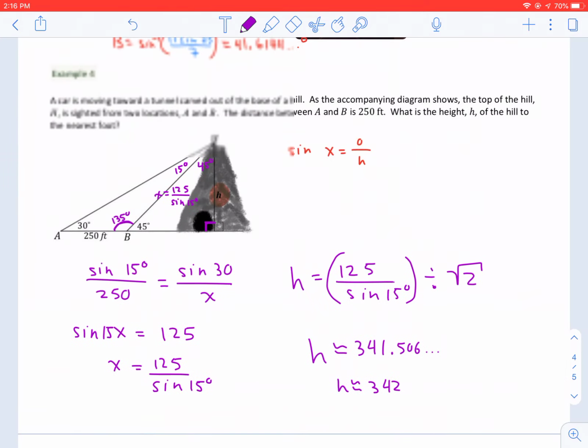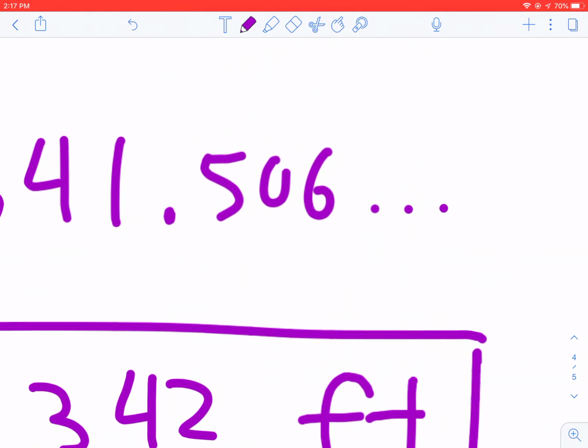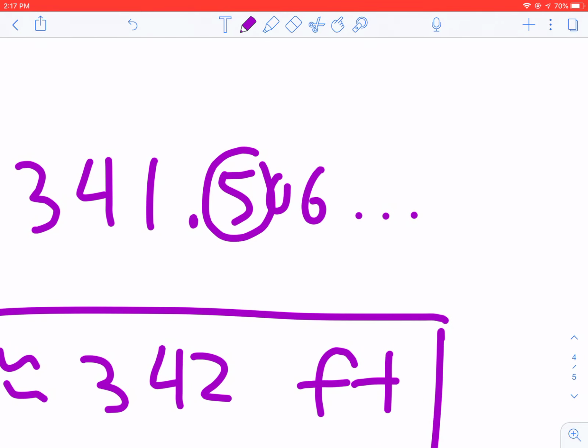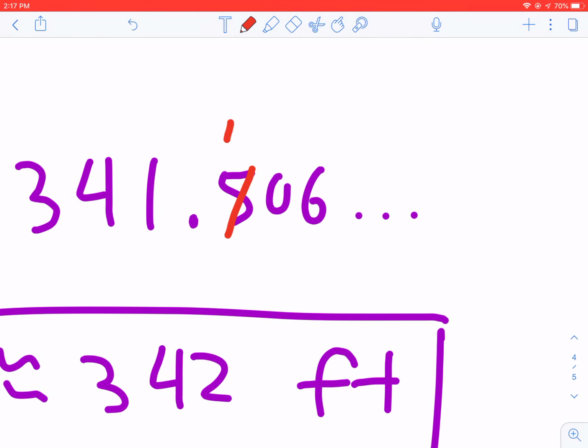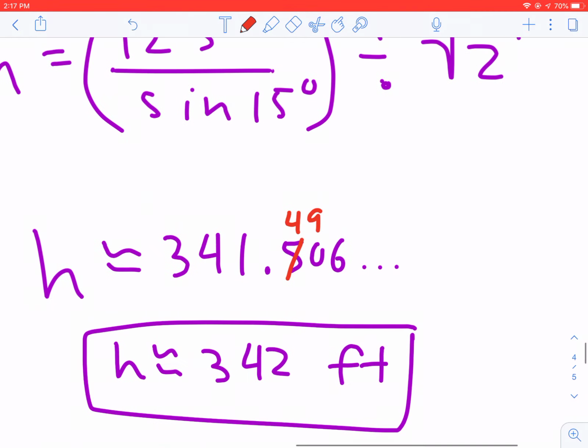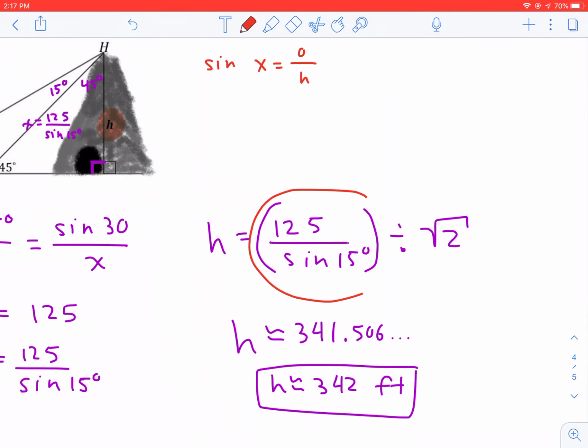So you want to be as accurate as possible because you notice that was a 5. If you didn't keep as many digits as you were doing this problem and it ended up being like 49 or something, you would round down and you would get the answer incorrect. So I always try to keep my answer as precise as possible. I do not use approximate values during the intermediate steps of the calculations.